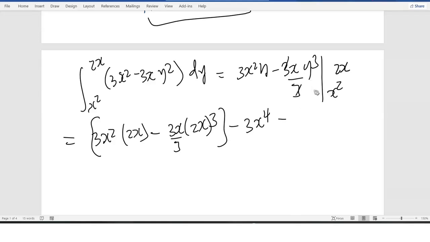Then x times x squared cubed becomes x to the power 7.